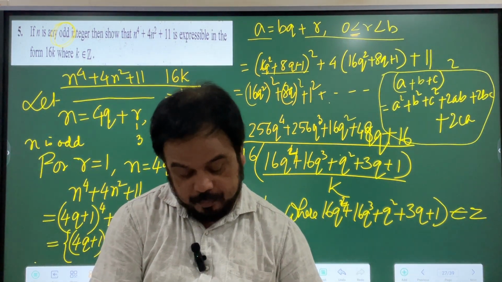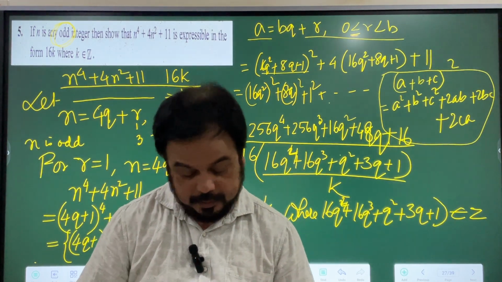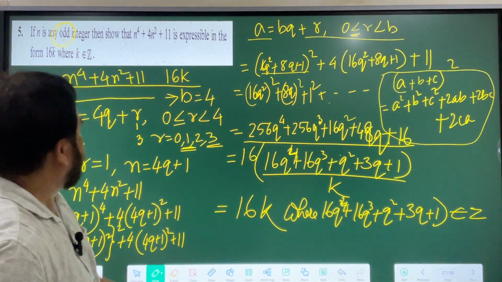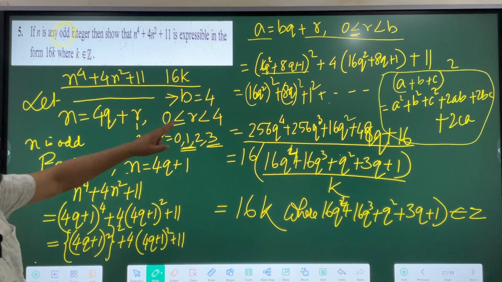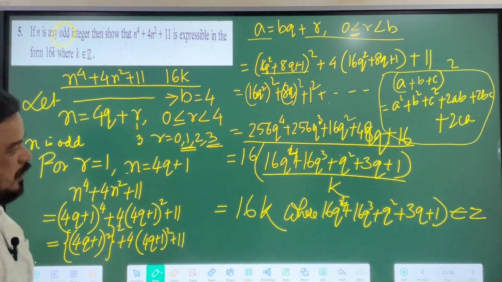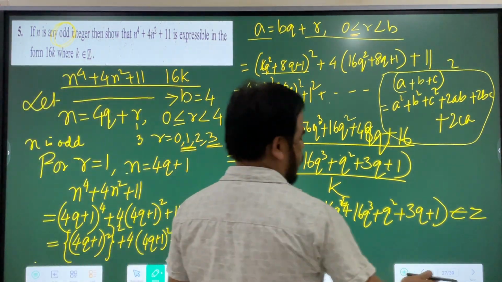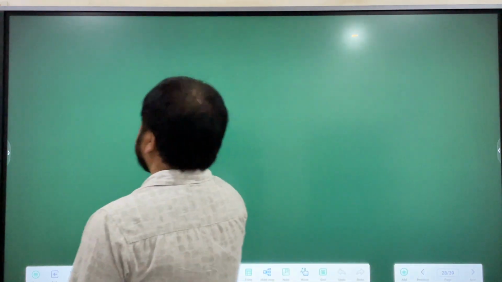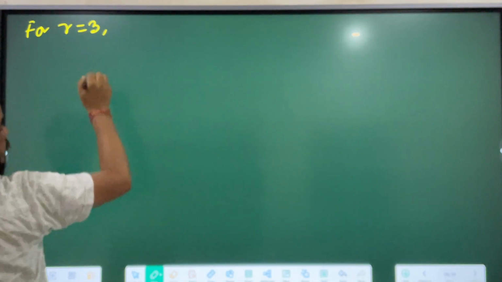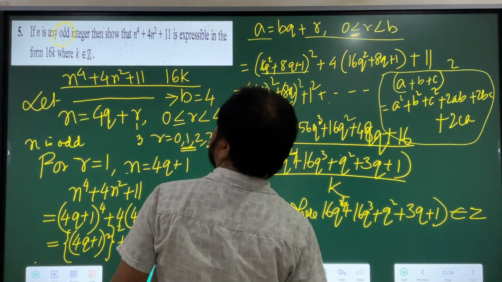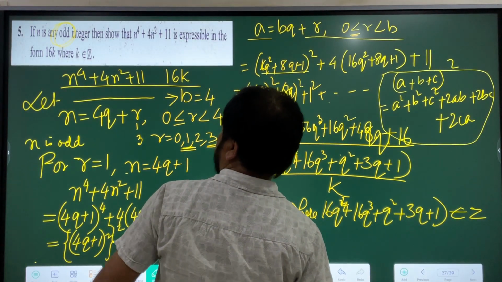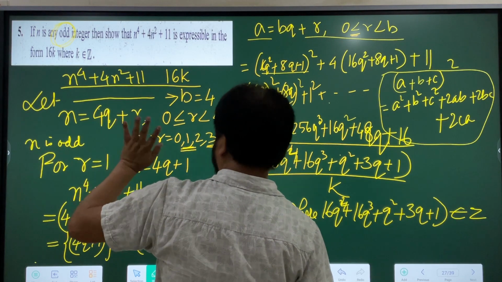Next we will have to put r equals 3. We have done r equals 1 here and we have to do r equals 3 also. So for r equals 3, n equals 4q plus 3.